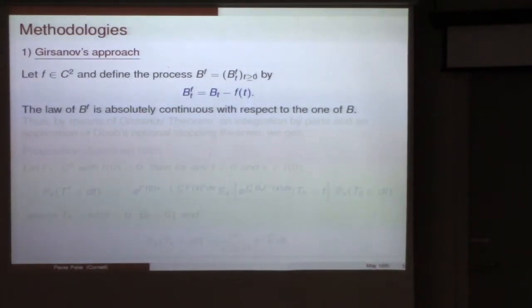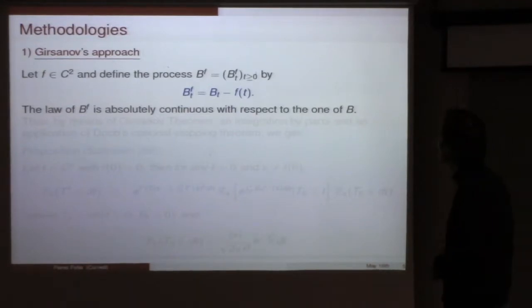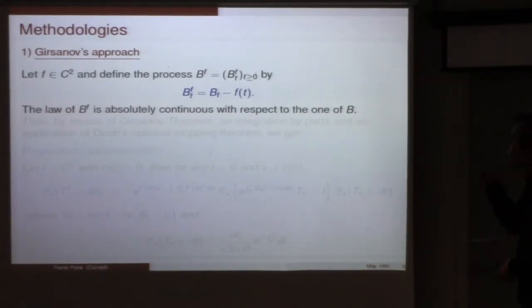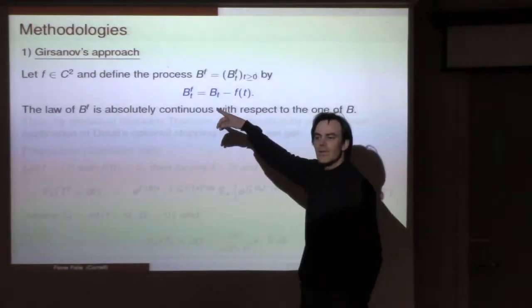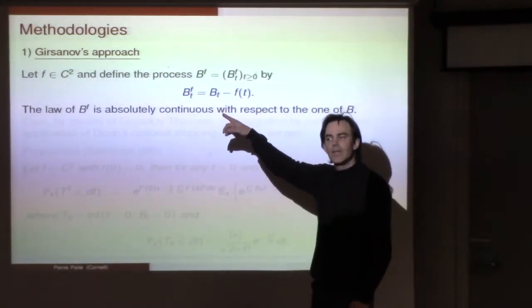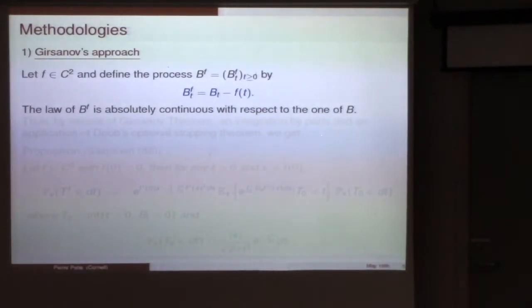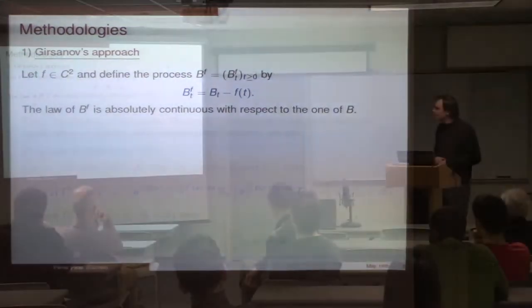Then, by the Cameron-Martin theorem, we know that the law of Bf is absolutely continuous with respect to the law of the Brownian motion, the Wiener measure. The fact that f is C2 is not a necessary and sufficient condition, it's just a sufficient condition. f can be in the so-called Dirichlet space for having the absolute continuity.